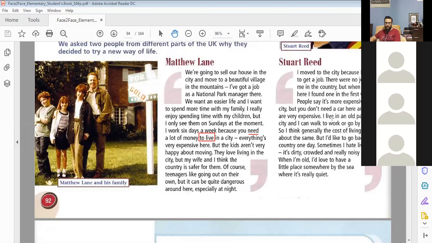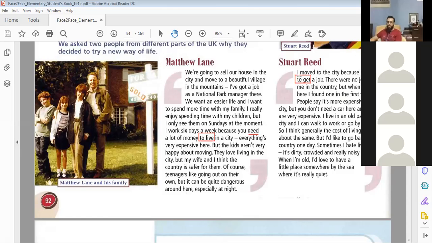And we have another need. We can find it here. In the second article, can you find need in the second one about Stuart? I needed to get a job. Right, so this is need. And what's the verb after need? To get.